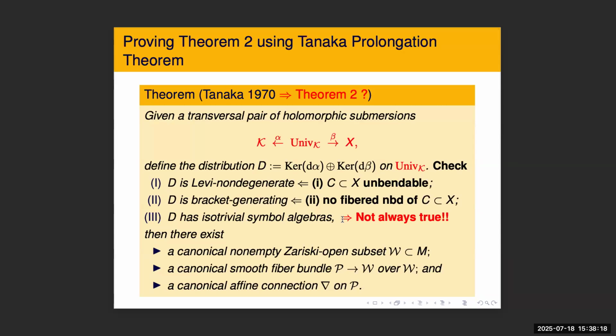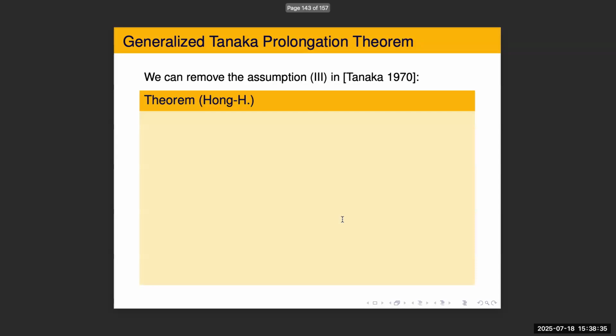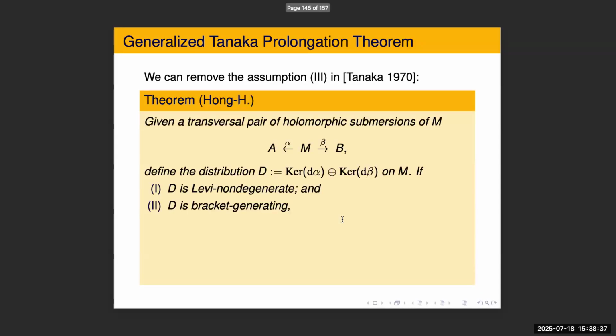So what we did is quite general. We proved a generalized Tanaka prolongation theory, which is just removing this assumption 3, the assumption of isotrivial symbol algebras. So here's our result: given any transversal family of holomorphic submersions, we consider this distribution D, and we require just the first 2 conditions, Levy non-degenerate and bracket generating.